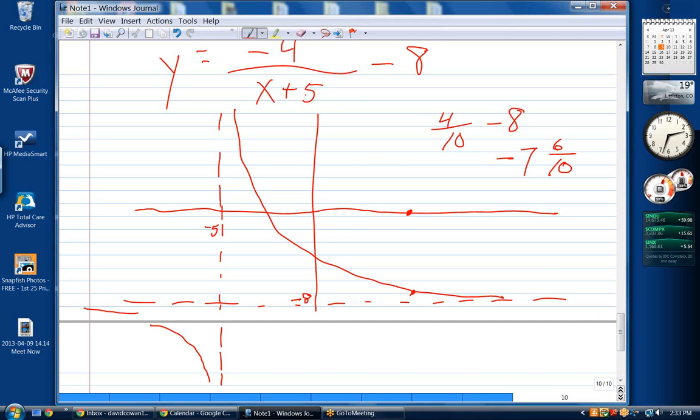I maybe could have picked a little more convenient point for x. Let's see, what if I had picked x equal -1? Notice that when x is -1, I've got -4 over 4. So I have -1 minus 8. I have -9.